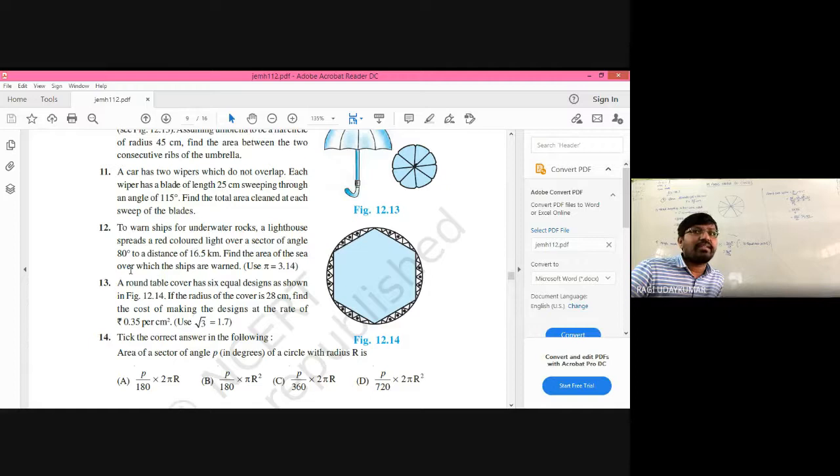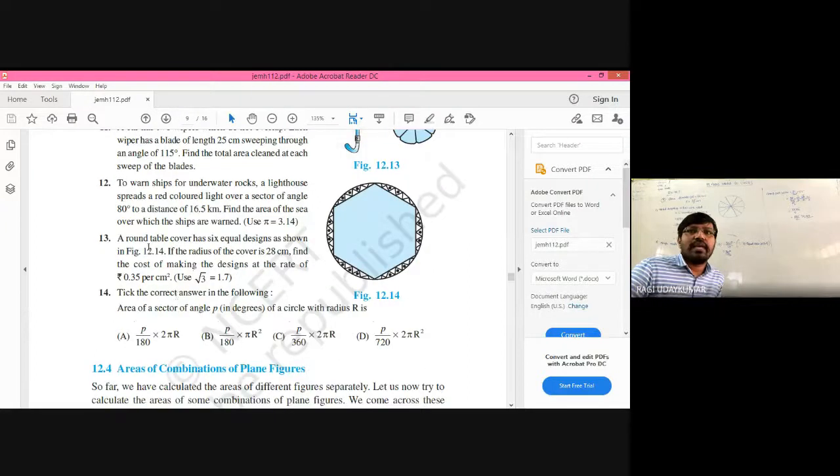Find the area of the sea over which ships are warned. Pi value should be taken as 3.14. Just calculations will be there. You try it; if there is any doubt, ask me in the next class. The 12th problem is also the same model, nothing different. If it is a different model, then I will explain. The situation is given to you from daily life.